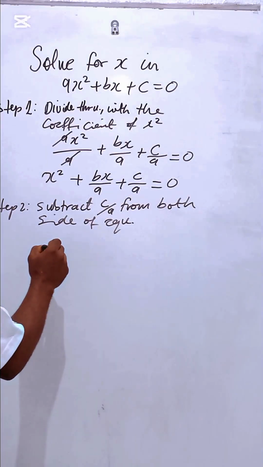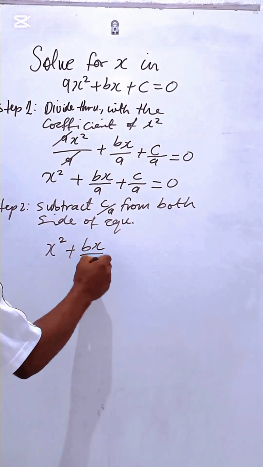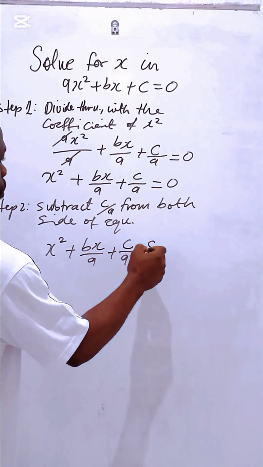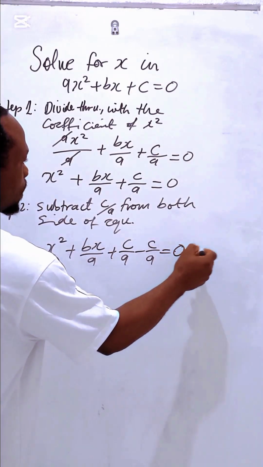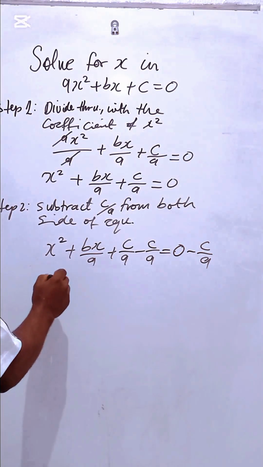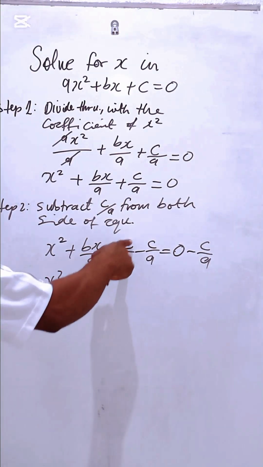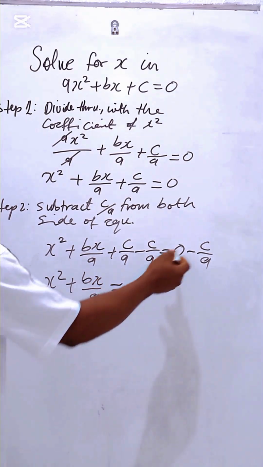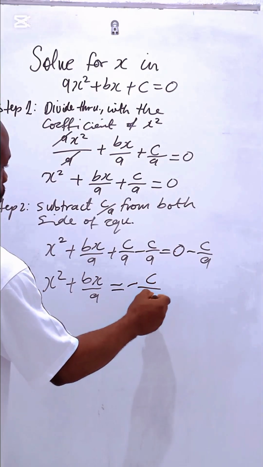So the expression becomes x squared plus bx over a plus c over a minus c over a equals 0 minus c over a. So this becomes x squared plus bx over a. C over a minus c over a is 0. 0 minus c over a is minus c over a.